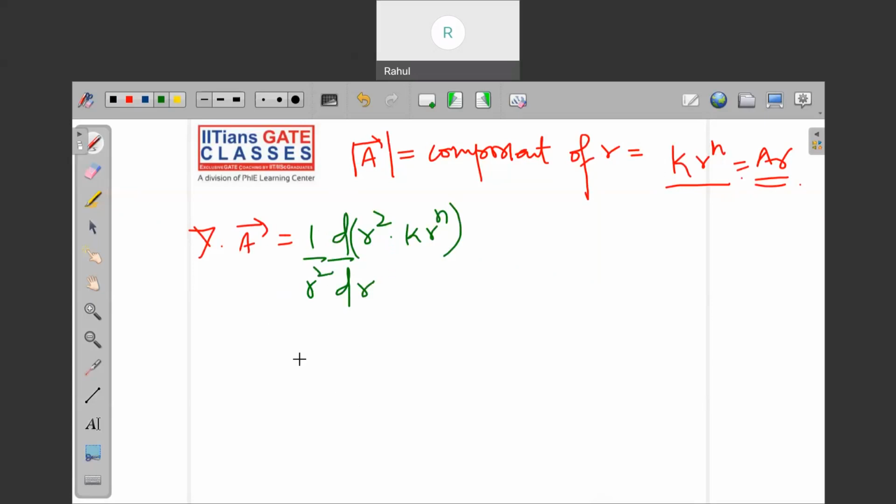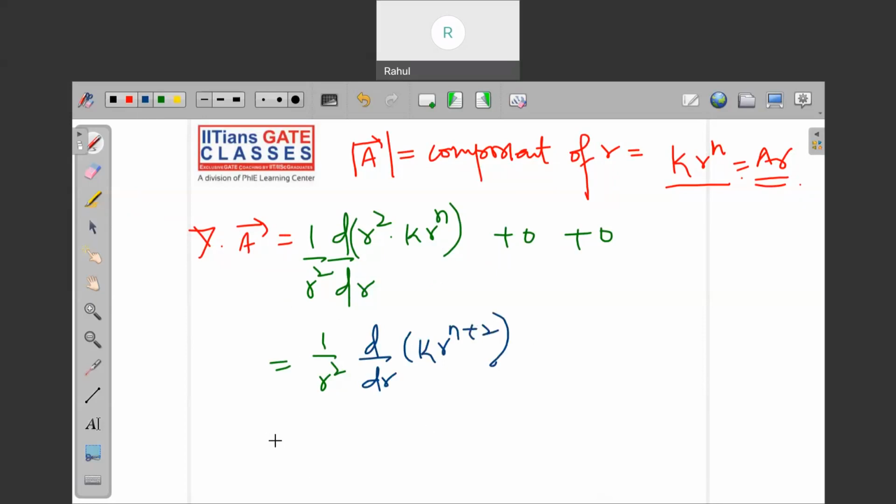Okay, and the rest will be 0. Now what you can do here is 1 by r square, don't cancel this unless you differentiate. So just perform the partial derivative, dou by dou r, and this will be k times r to the power n plus 2.